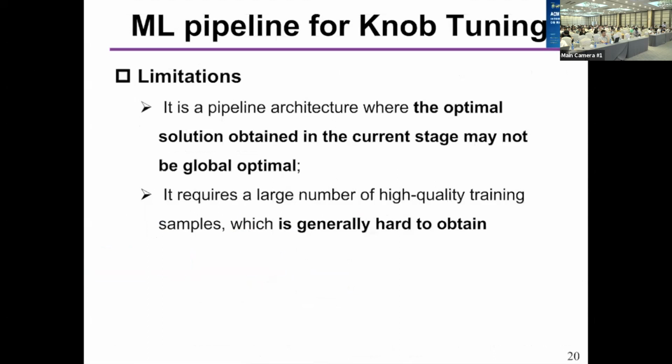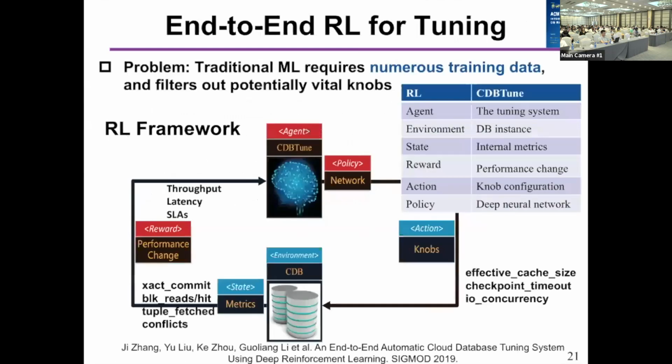With this pipeline architecture, the ultimate solution may not be reached because it may fall into some local optimum, and it also relies on some high quality training samples. If we have such training samples, it's okay. But if we have no such training samples, it's rather important to get them.